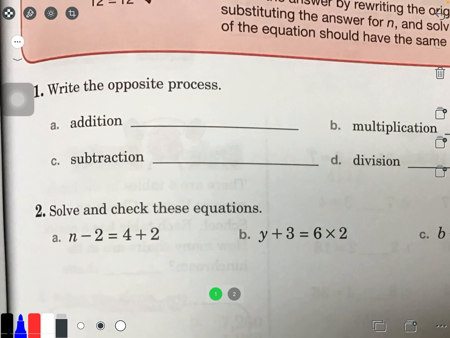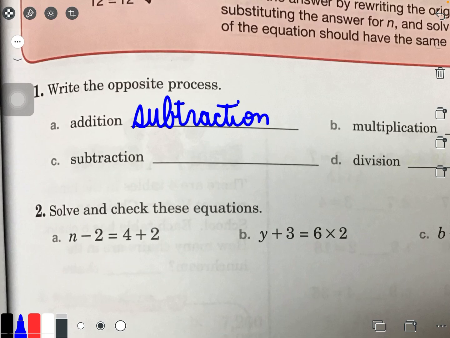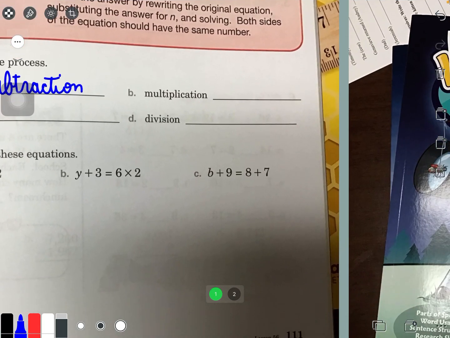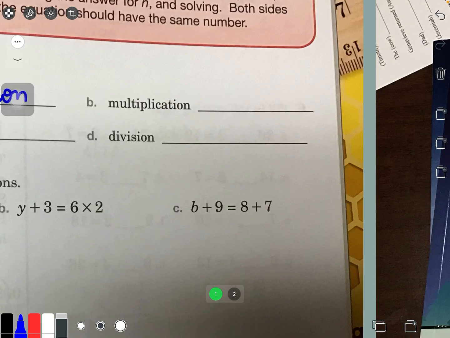So what is the opposite of addition? The opposite of addition is subtraction. I'm going to write that down. Subtraction. You write that down too. And then let's look at B. What is the opposite of multiplication? The opposite of multiplication is division.